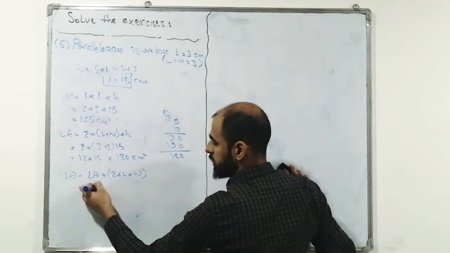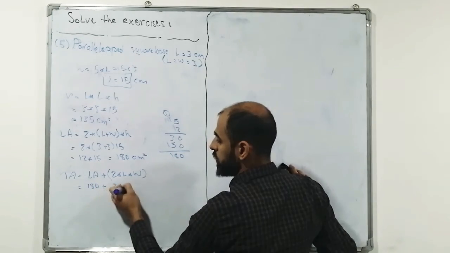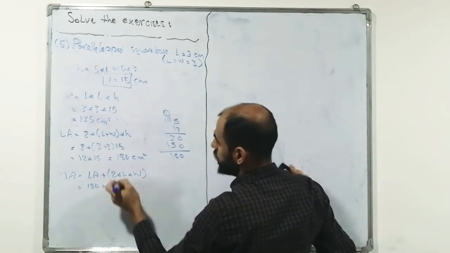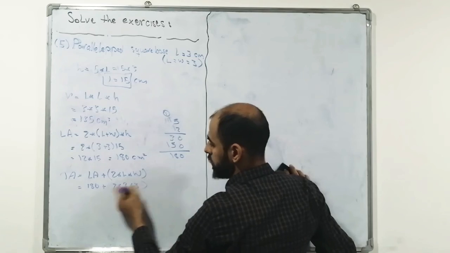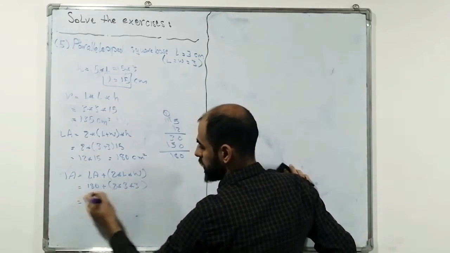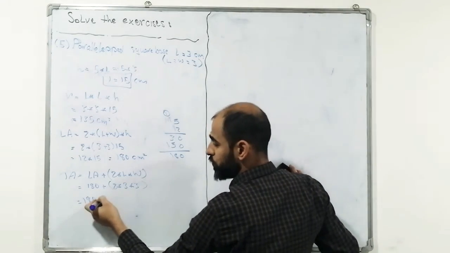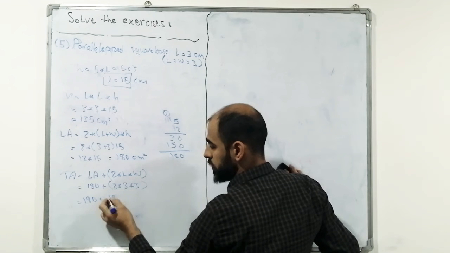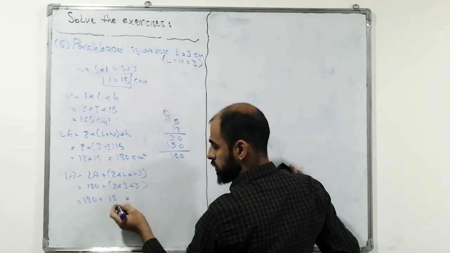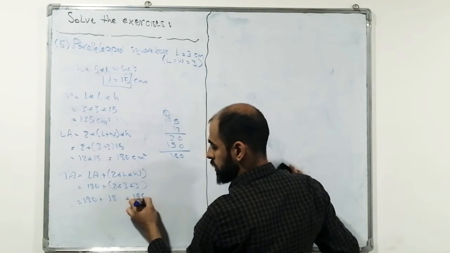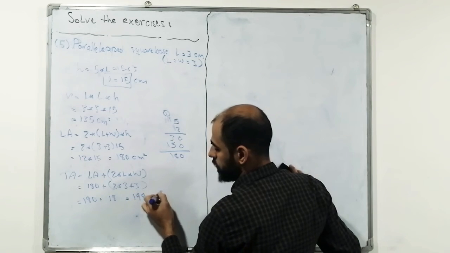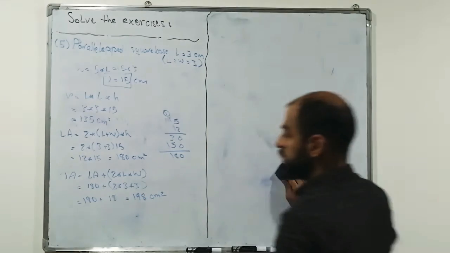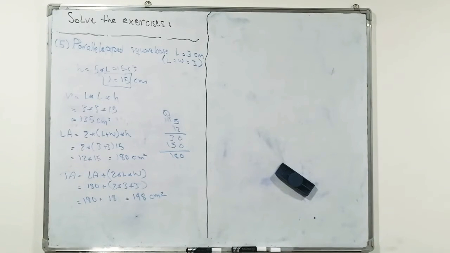So it's 180 plus 2 by the length and width equal 3 by 3. 3 by 3 is 9, by 2 is 18. 198 centimeter to the power 2. That is its total area.